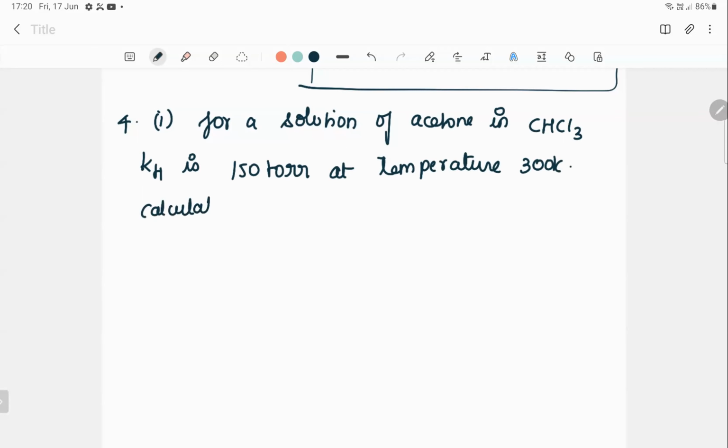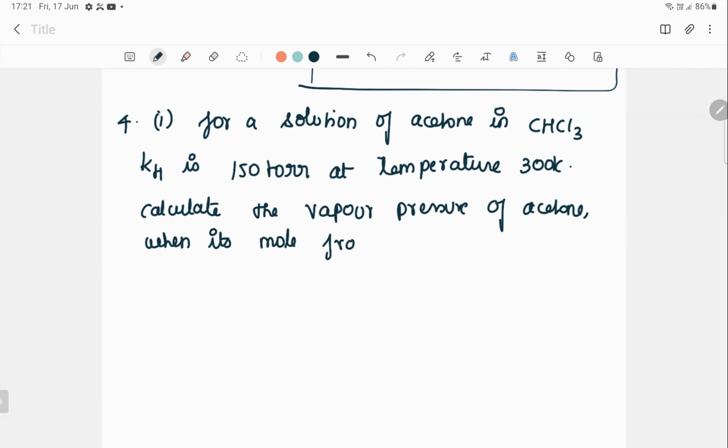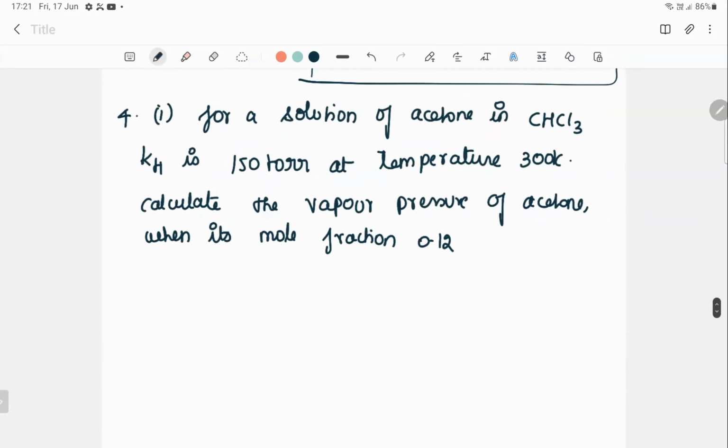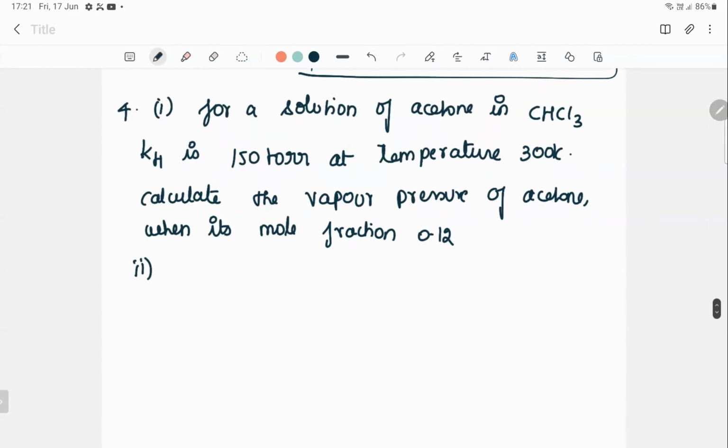Calculate the vapor pressure of acetone when its mole fraction is 0.12. Wait, another subdivision is also present here.